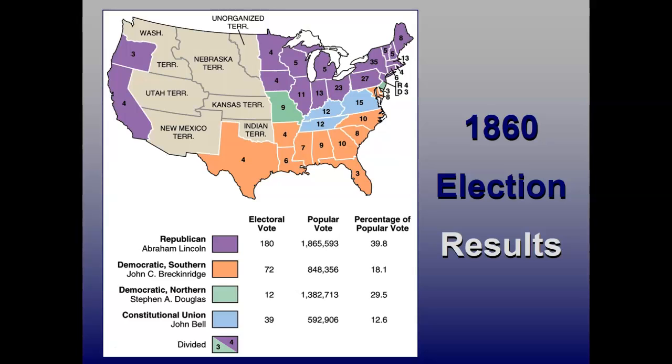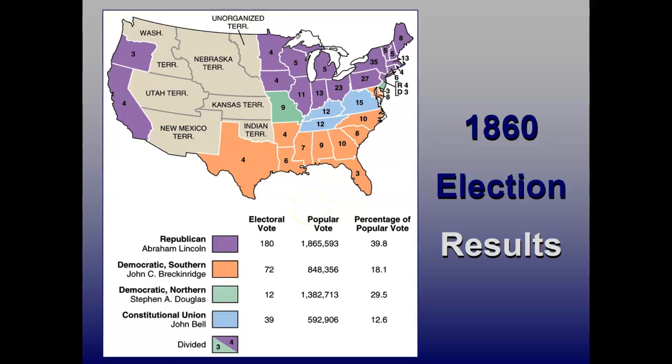And so they bolted from the Northern Democrats and established the Southern Democratic Party and ran John C. Breckinridge. And there was even a third party, the Constitutional Union Party, under John Bell. With that split of a field, Lincoln was able to secure enough electoral votes by basically sweeping the major populated areas, and that was enough to propel him to victory.